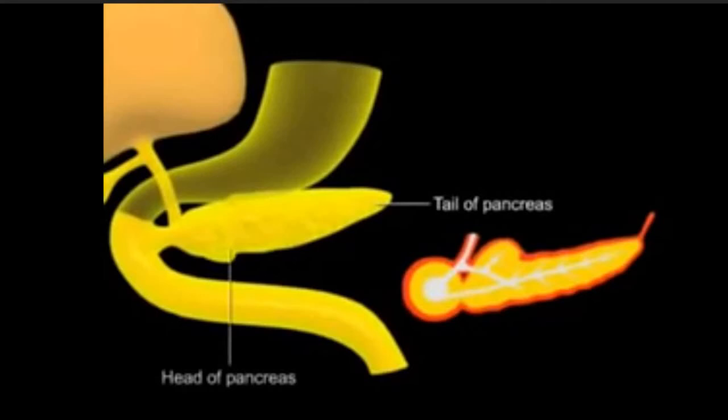You can see here this is the ventral pancreatic bud giving rise to part of the head and uncinate process, and this is the dorsal pancreatic bud giving most of the body and the tail. So this is the duct of the dorsal pancreatic bud, and this is the duct of the ventral pancreatic bud, both of them fused together.